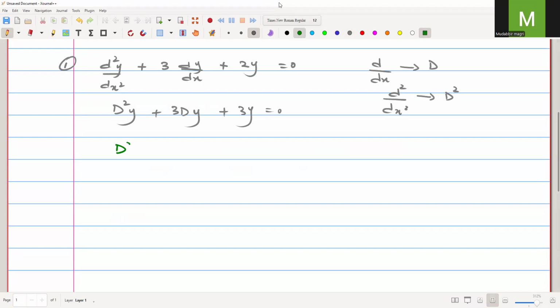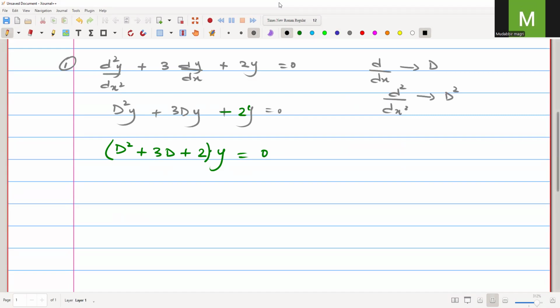Therefore we can write it as D squared plus 3D plus 2, applied on y. Since this is an operator, it's not an ordinary multiplication, it's an operator that is applied on a function.